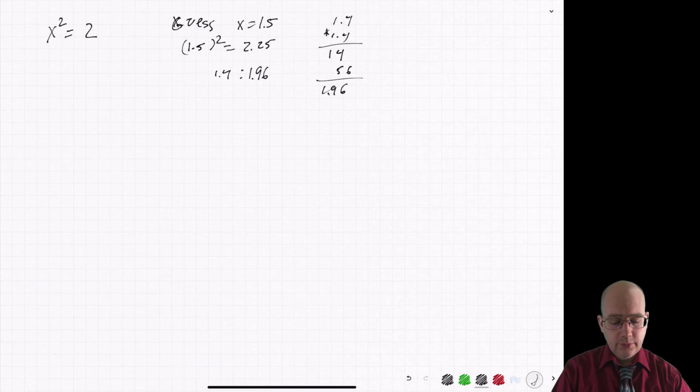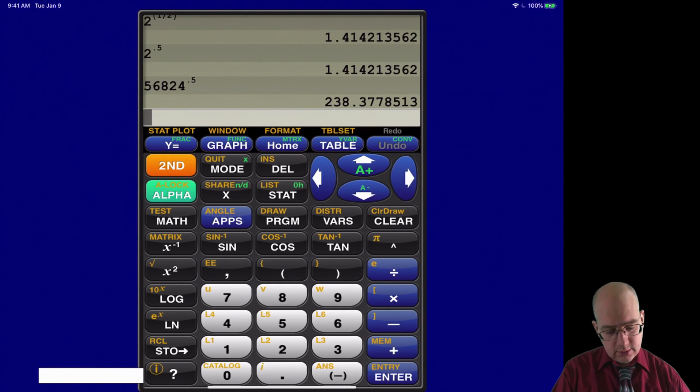Like so. And then you could say, okay, well, 2.25 is far from 2, and 1.96 is very close to 2, relatively speaking. So I could try 1.41, and then that'll be too low, and then 1.42, that'll be too high, and so forth.